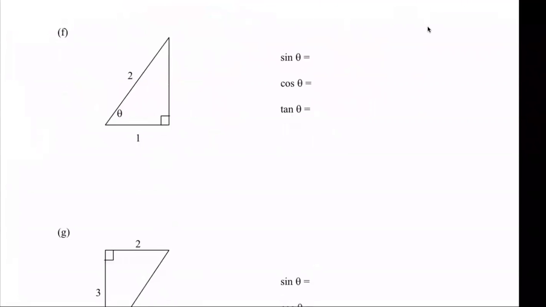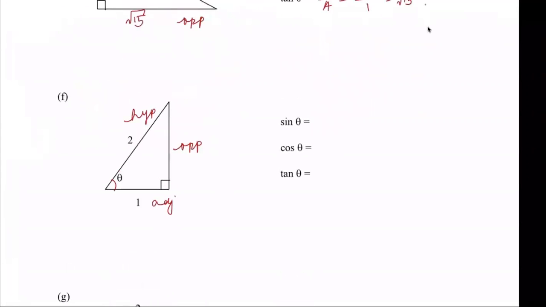Part F. We know the hypotenuse is equal to 2. This is the reference angle, this is the adjacent side, and this is the opposite side. Again, we need to use the Pythagorean theorem to find the opposite side first. The opposite side is equal to the square root of 2 squared, which is 4, minus 1 squared, so 3. So this is equal to square root of 3.